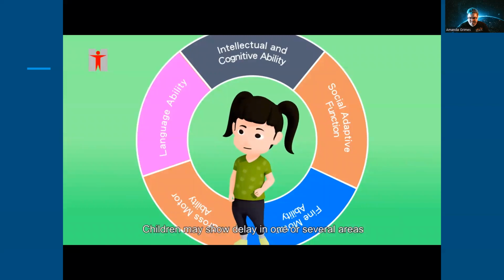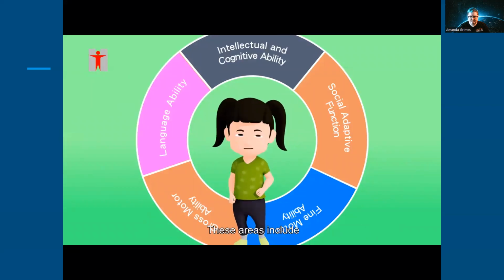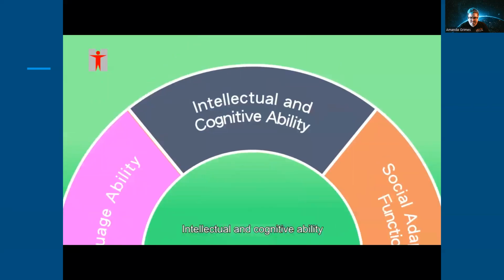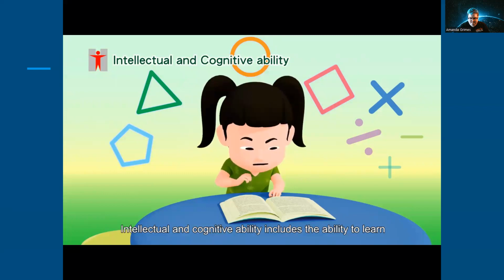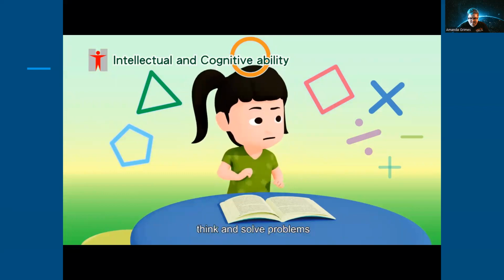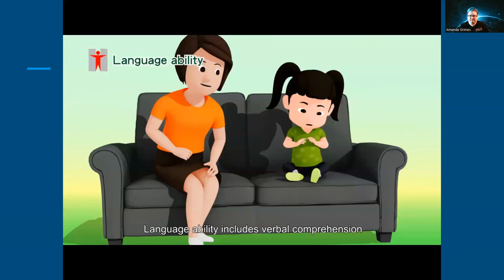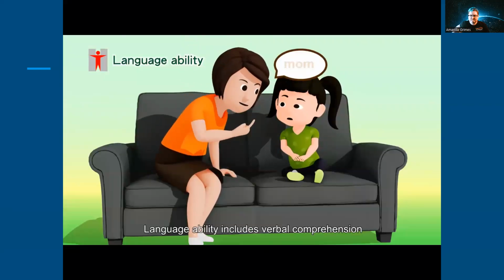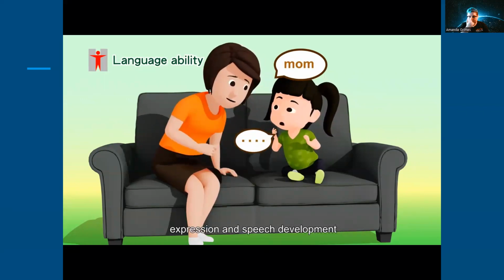Children may show delay in one or several areas. These areas include intellectual and cognitive ability. Intellectual and cognitive ability includes the ability to learn, think, and solve problems. Language ability. Language ability includes verbal comprehension, expression, and speech development.